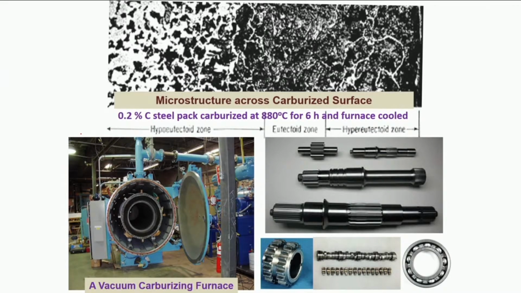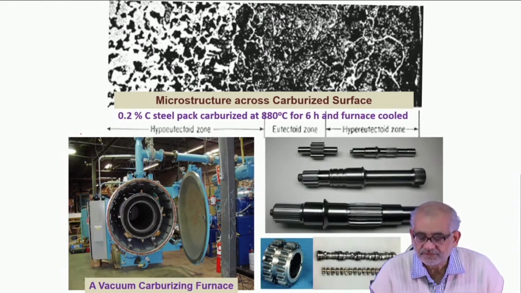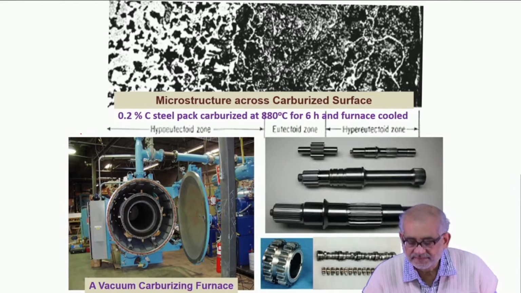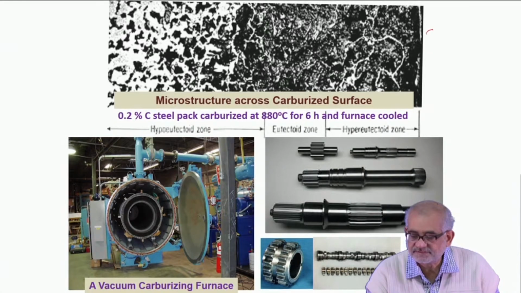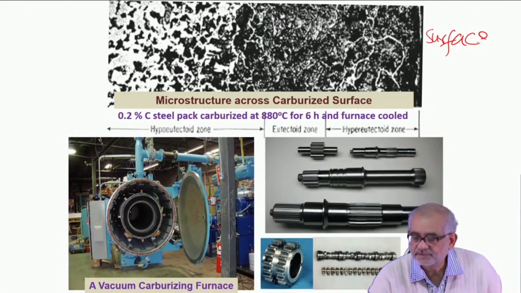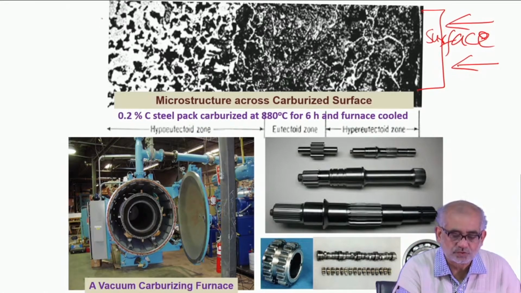I decided to repeat this view graph so that the concept is pretty clear. What we expect in a carburizing process like this is the following: this is the surface area, which is exposed to this gaseous environment, and this is the core of the sample.